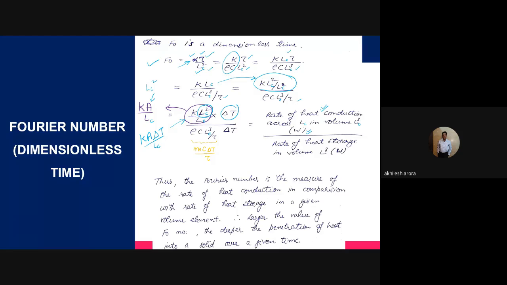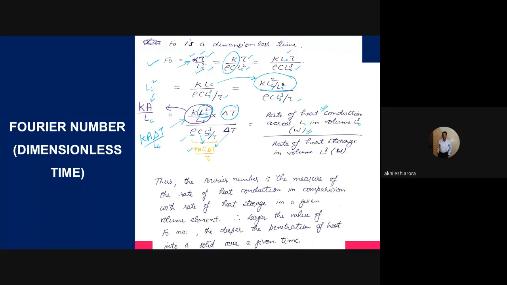Similarly, in the denominator we have rho, the density, multiplied by LC cube, which is a volume. So this becomes mass, M. This C stands for specific heat, and this is delta T, divided by tau. So what is this m C delta T?